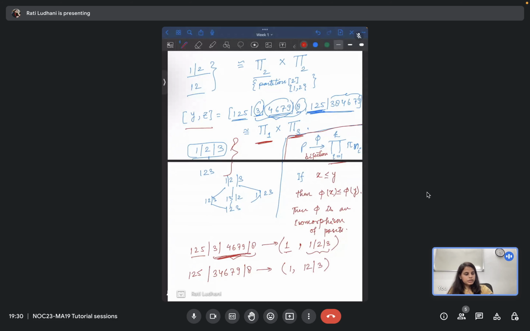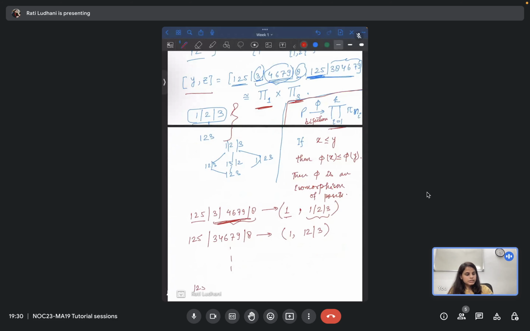Similarly you can continue, and the last element 3 4 6 7 9 8 you can just map to 1 comma 1 2 3. So this bijection you can take, and you can check that it will satisfy phi of x is less than or equal to phi of y whenever x is less than or equal to y. Is that okay?